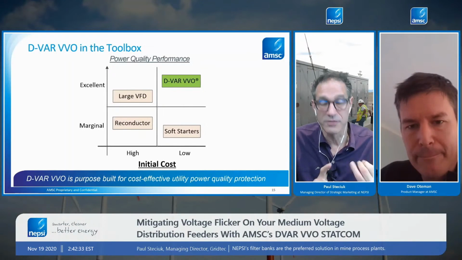Number one, the space, right? You get the space that each one of those RVSSs takes up. You have the complexity of the actual device itself, the maintenance of that device. So you have ongoing costs associated with those devices versus a single piece of equipment actually outside the plant environment. It seems to be a lot of advantages associated with the VVO product.